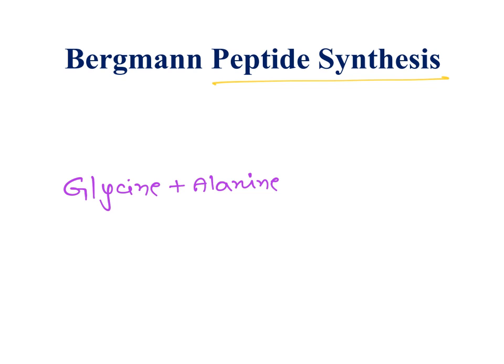It looks very simple, but when we look at the possibilities of products, the possible dipeptides: let's take the first possible product. The glycine acyl group can interact with the alanine amino group, which gives the dipeptide glycyl alanine.